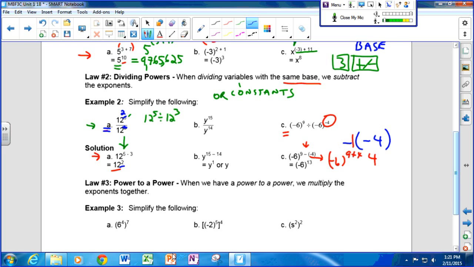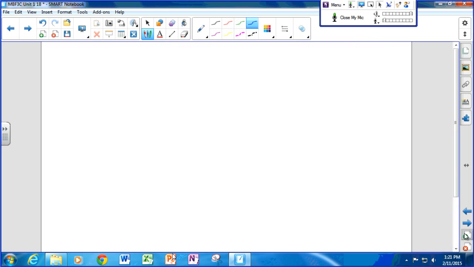Now the reason I can do that is, I'm going to make a new page here. The reason I can get away with doing that is, sorry. Okay, that would have gone a little smoother if I'd actually had the page available here. So if I have 12 to the power 5, what that really is, is 12 times 12 times 12 times 12 times 12.